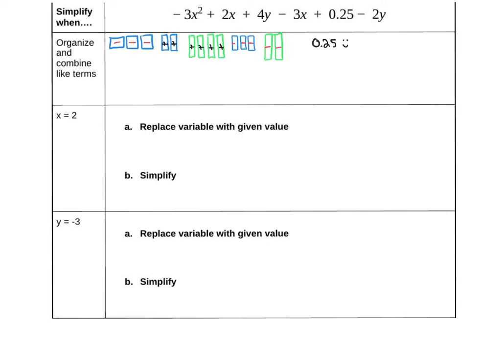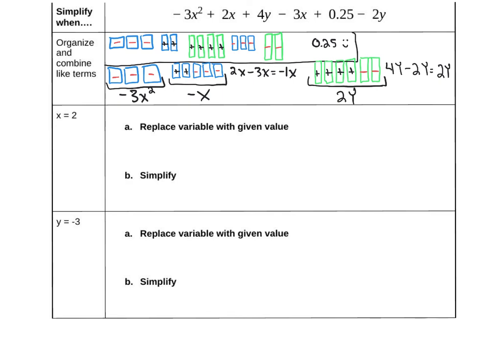There's my original tile model, and as I was doing this, I realized, well, you can't really do a tile model with 0.25, so I'm just kind of writing that I have that constant of 0.25. Now I'm going to combine all of my tiles and combine all of my terms.